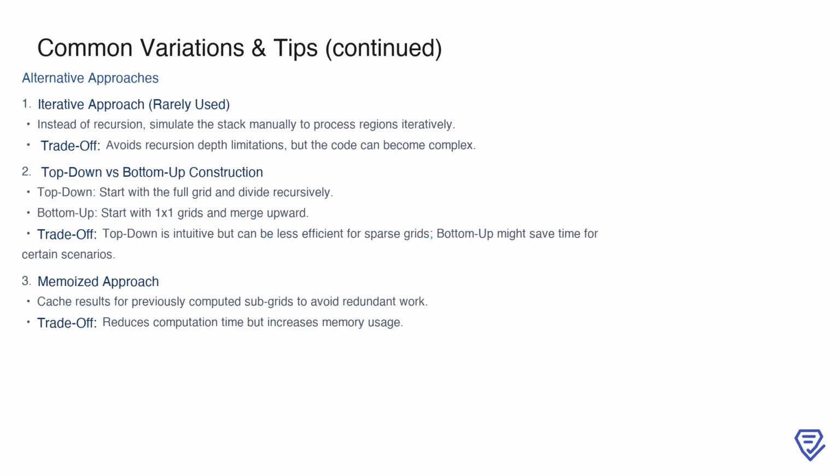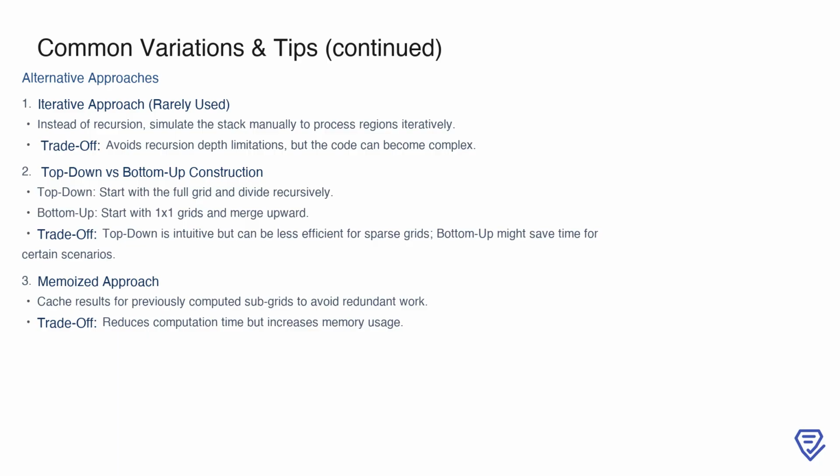There are also alternative approaches to constructing quad trees. One rare but possible method is using an iterative approach where you simulate the recursion stack manually to process regions. While this avoids recursion depth limitations, it can make the code significantly more complex. Another variation is choosing between top-down and bottom-up construction. In a top-down approach, you start with the entire grid and recursively divide it into smaller regions.